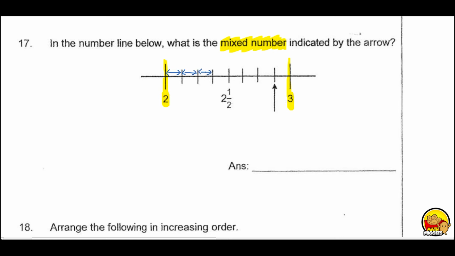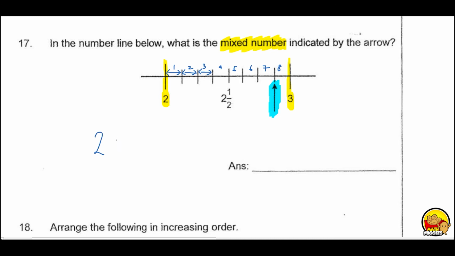How many parts are there? I have 1 part, 2, 3, 4, 5, 6, 7, 8. I have 8 parts. And the arrow is between 2 wholes and 3 wholes, meaning my answer surely will be 2 wholes and something, because not yet 3 wholes, right?